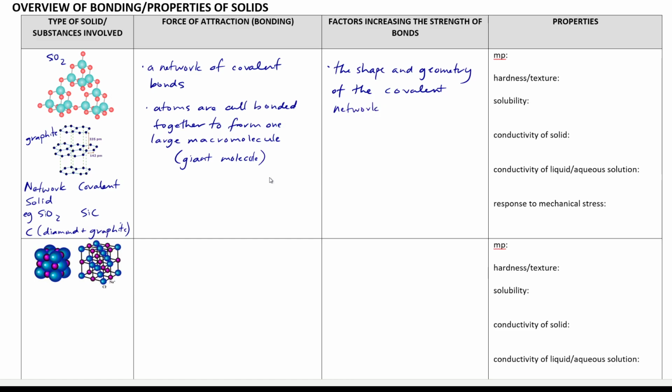So for example, if we look at silicon dioxide, it has a distinct shape to it that gives it a lot of stability and structure. The same thing with diamond. Diamonds are notably extremely hard, right? And it has to do with the way that the carbon atoms are all bonded together in the crystalline structure.